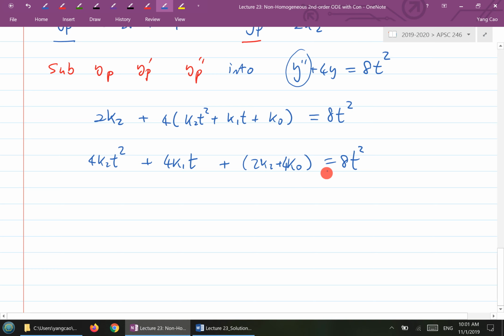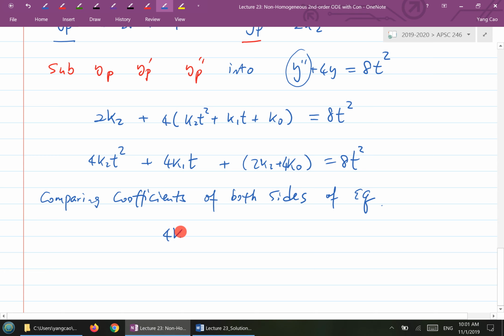To solve this, basically you compare coefficients. So we get this so-called comparing coefficients of both sides of the equation. This side, the t squared, has a coefficient of 8. So this side has 4k2, and that should equal 8.